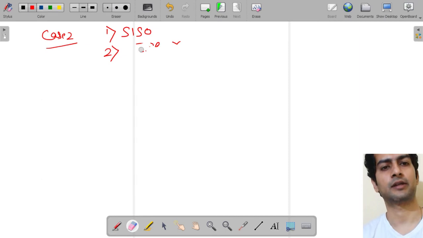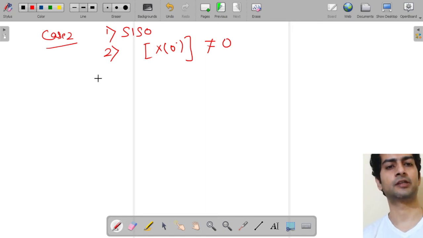Let me write it like this: the initial condition is not equal to 0. Then see what our output will be.